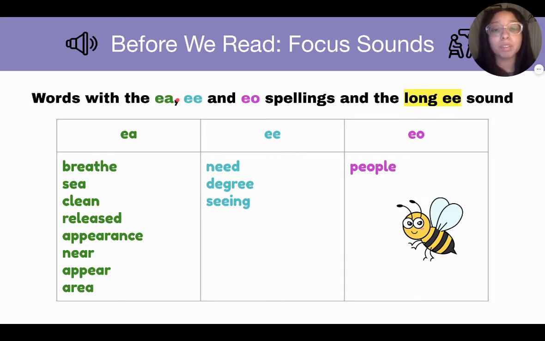As we read, we want to focus on some sounds. So words with the EA, EE, and EO spellings that have the long E sound. Let's read them.